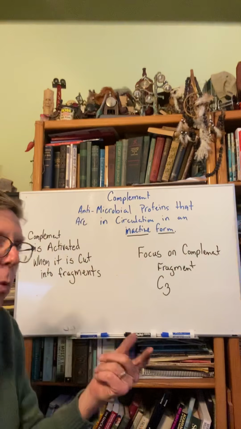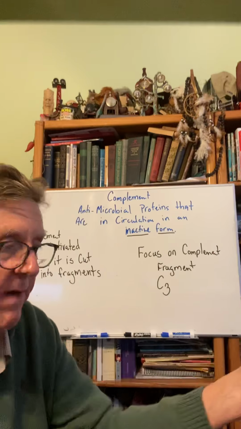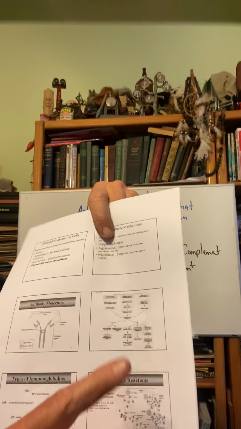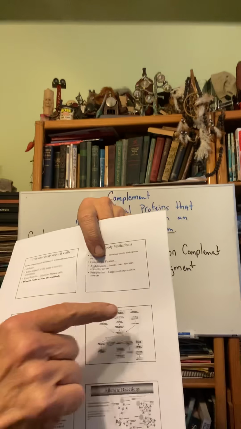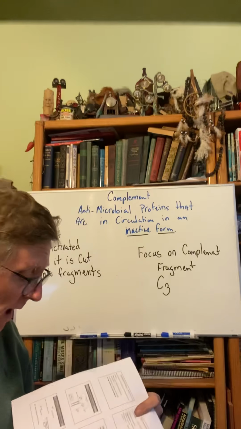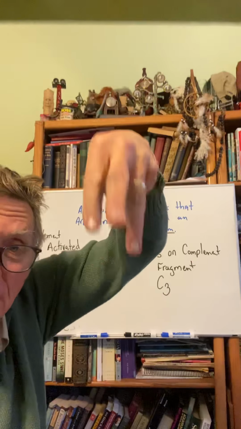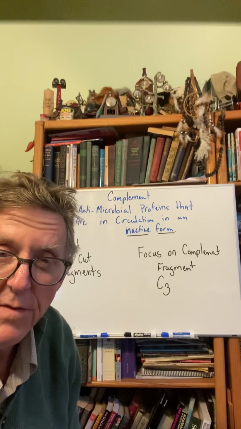Now, what causes complement to be activated? What you're going to do, you're going to look at the slide, this slide right here. It's a complicated slide, and we're going to be talking about the top part of it right now. And so we have three different pathways that are pointing to the center of the slide.